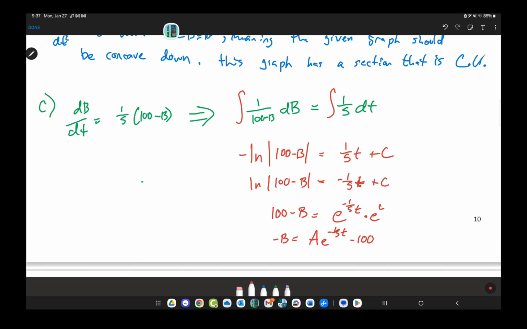So they said when t is 0, b is 20. So we need to solve for a. Will we put a negative sign in front of it? Oh wait, we would at the end.